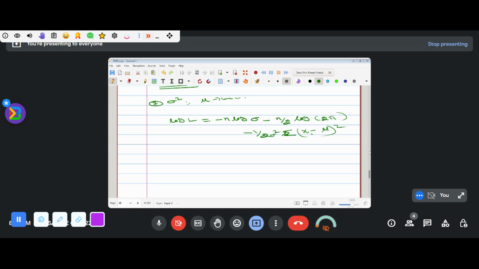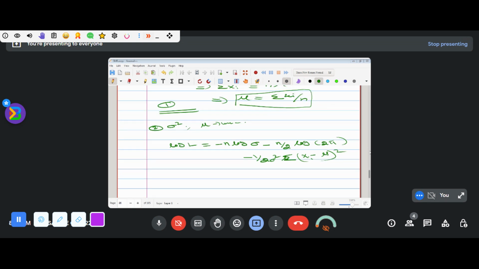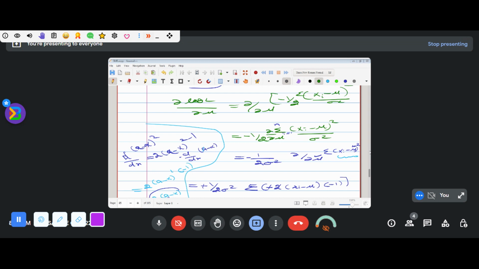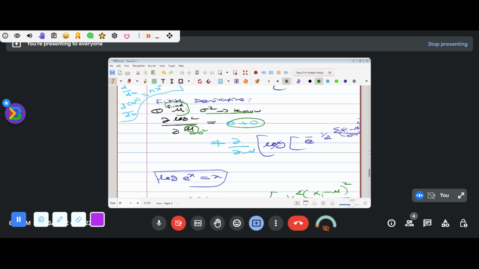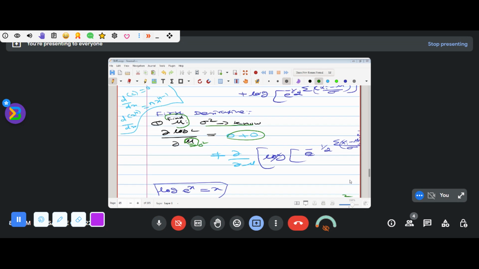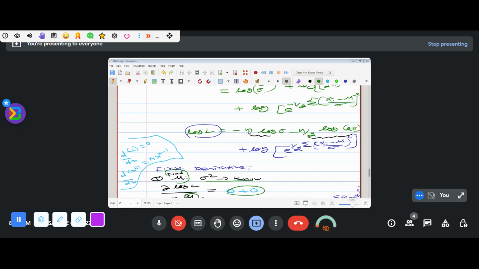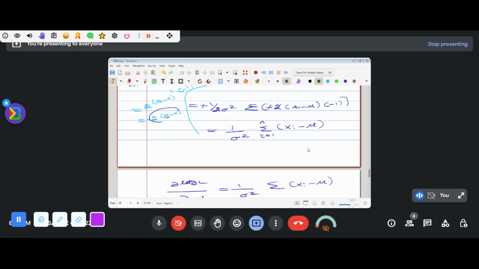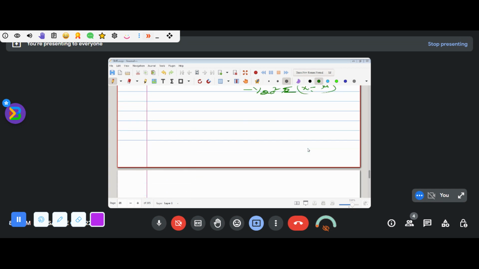The log and e cancel, so the remaining result is minus 1 by 2 summation (xi minus mu) whole square. This sigma squared is also a constant term, so we take it outside. That is the log L value, and I am writing log L equal to this value here.